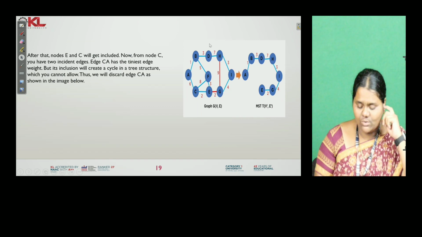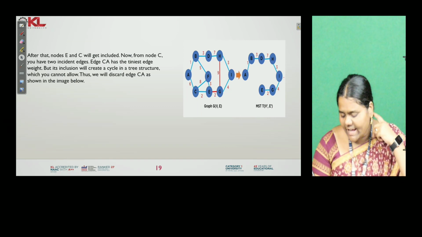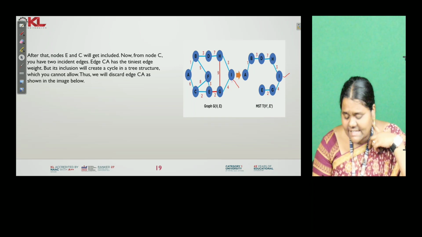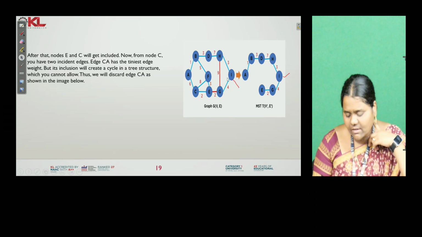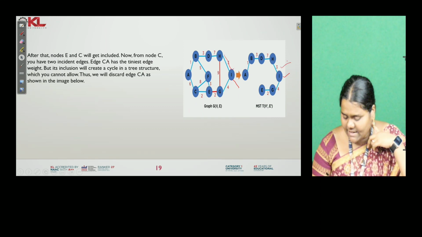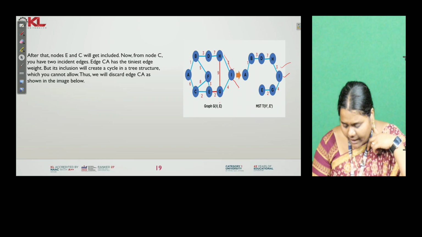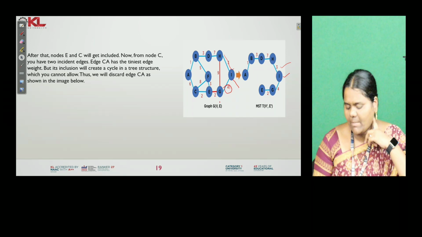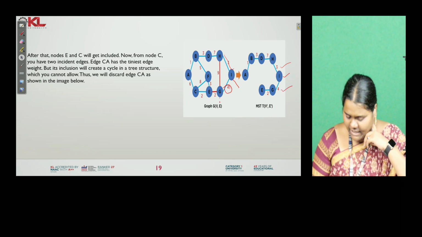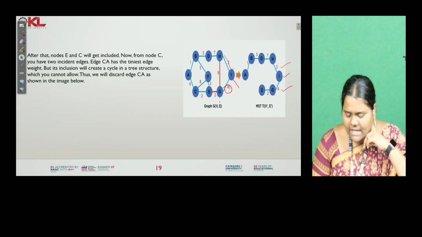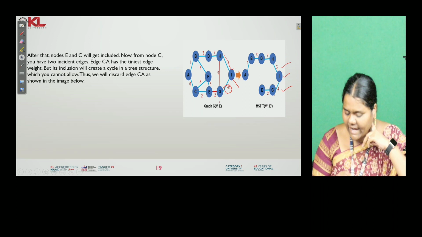Next, the I vertex is formed. From I, what are the adjacent edges we have here? H to I is already completed, so we will not take that particular edge. From I to G, this is the only adjacent edge from I. So I to G is 4. From G, a new vertex is formed, that is G. From G, what is the new adjacent edge?